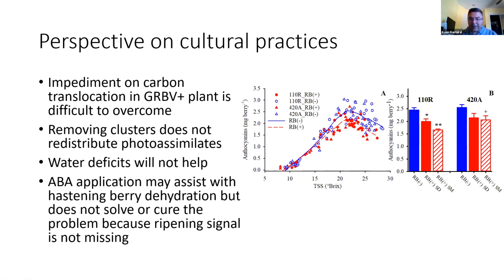Abscisic acid application may assist with hastening berry dehydration, but it does not solve or cure the problem because the ripening signal is still missing. You have the lack of sugar stimulus in this case. So dehydrating the berries with abscisic acid application is not going to work.